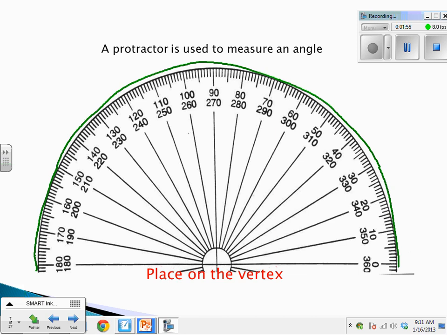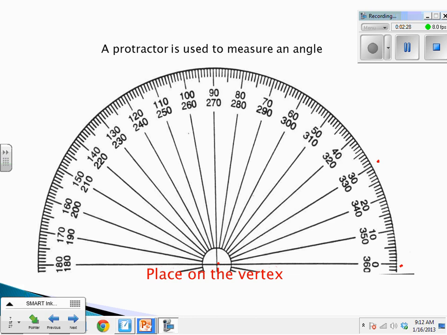I am going to put my first point at 0 degrees. I'm going to erase that, and I'm going to go here. It's only because of the way this protractor is set up. Okay? First point at 0 degrees. My second point, I'm going to put at 30 degrees. And my third point, I'm going to put at the vertex.